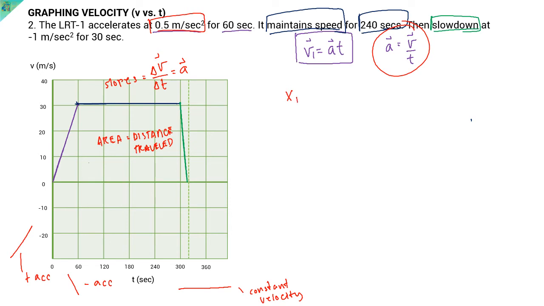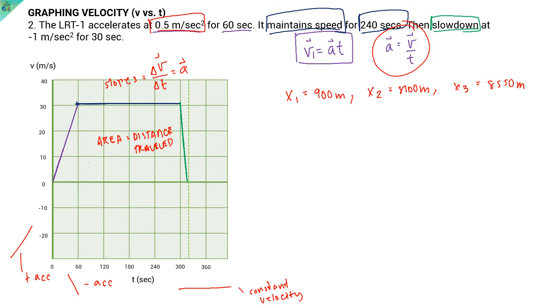A while ago, we have found out the x1 is 900 meters. x2 is 8,100 meters. And x3 is about 8,550 meters. So when we try to use the velocity time graph instead of position time graph, we should also find out the same magnitudes. So they should not change. And that would tell us if what we're doing is correct or not.